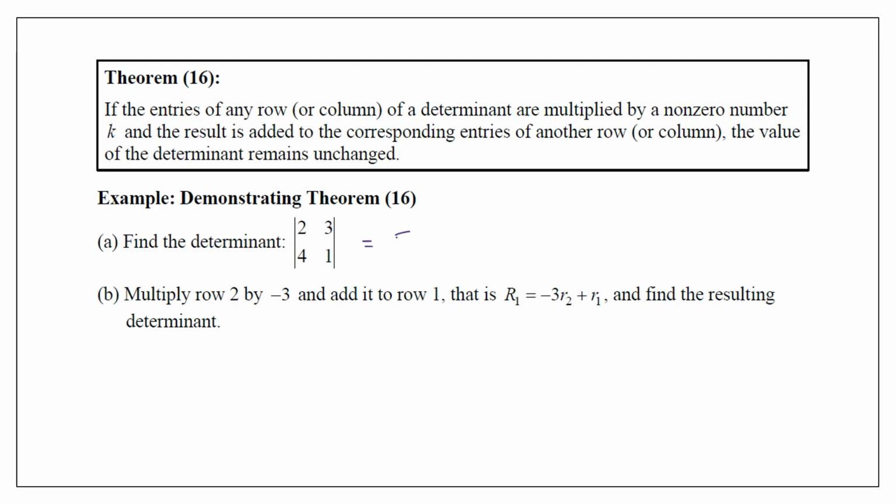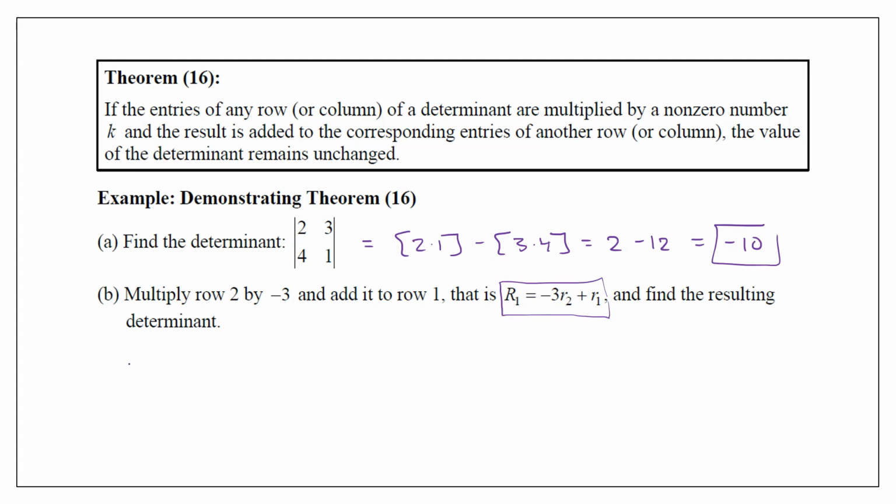So that would be 2 times 1 minus 3 times 4, which equals 2 minus 12, which equals negative 10. Now we want to multiply row 2 by negative 3 and add to row 1. The new row 1 equals negative 3 times row 2 plus row 1.